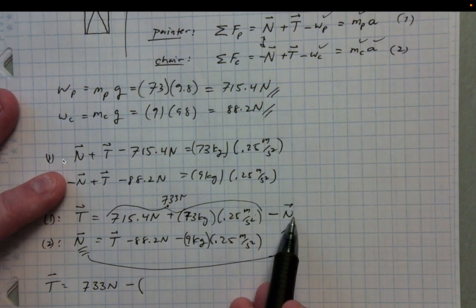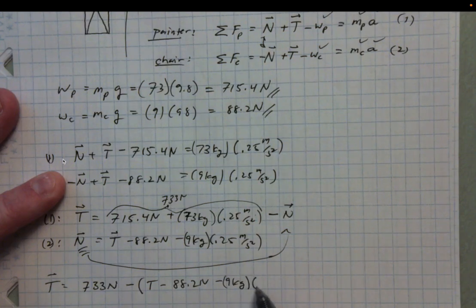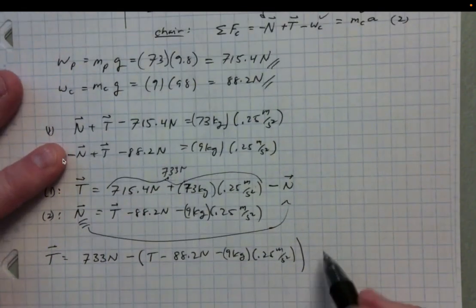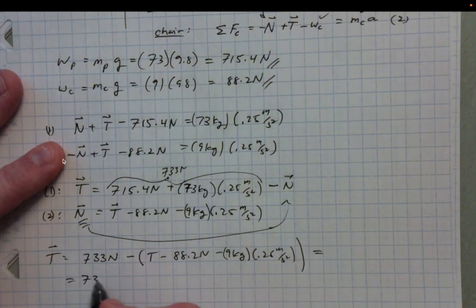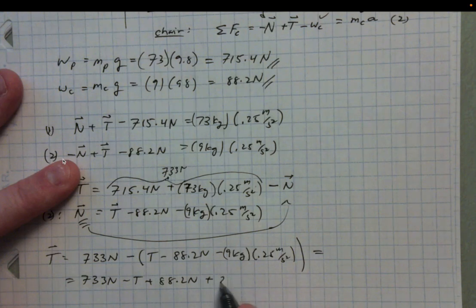Minus that. So that's going to be minus, plugging all this in, T minus 88.2 newtons minus 9 kilograms times 0.25 meters per second squared. Okay. And then I get 733 newtons minus T plus 88.2 newtons, and then plus, what is this? This is 2 1/4. 2.25 newtons.